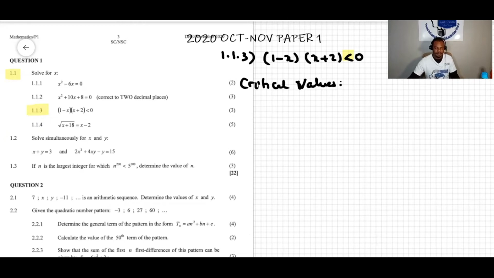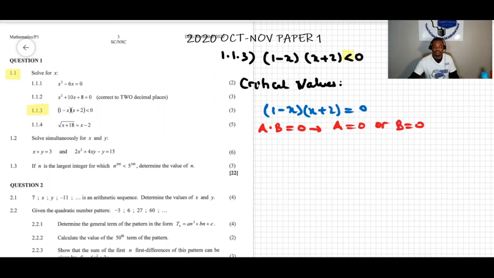So we're going to write (1 minus x)(x plus 2) less than 0, and then assume that this was equal to 0. To find the critical values, we use the property in mathematics that says if a times b equals 0, this implies that either a equals 0 or b equals 0.